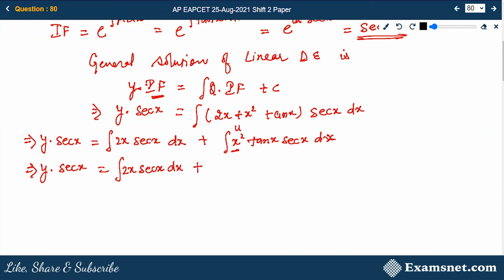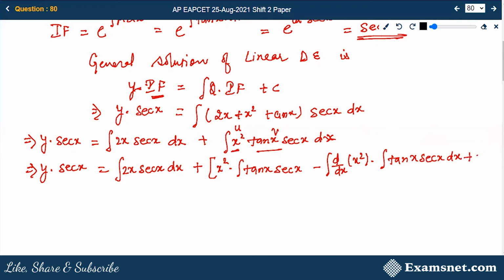Now I will take x square as u and tan x secant x as v. So integrating them, you will get first term into integral of second minus integral of derivative of first into integral of second, plus the constant. So y into secant x is integral of 2x secant x dx plus x square, what is the integral of tan x secant x?